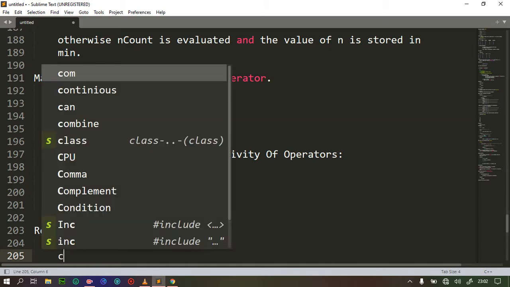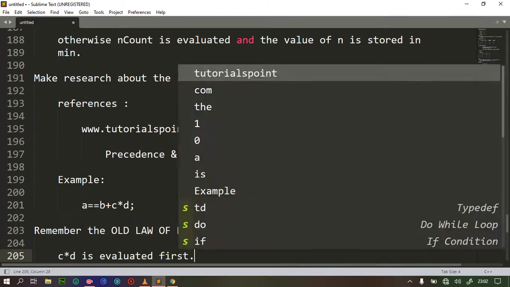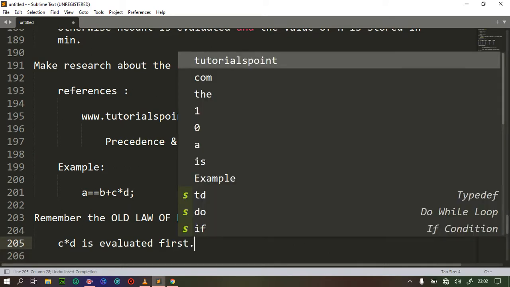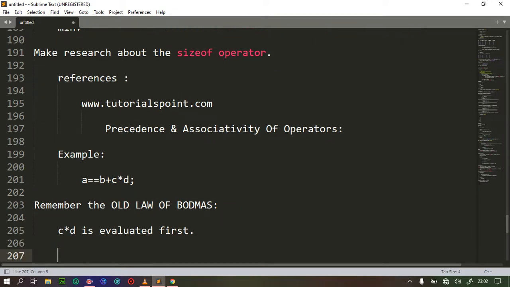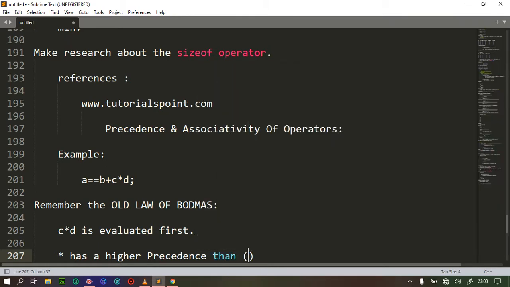It means that C times D is evaluated first. Someone is asking why? Because the multiplication has a higher precedence than which operators are still pending.